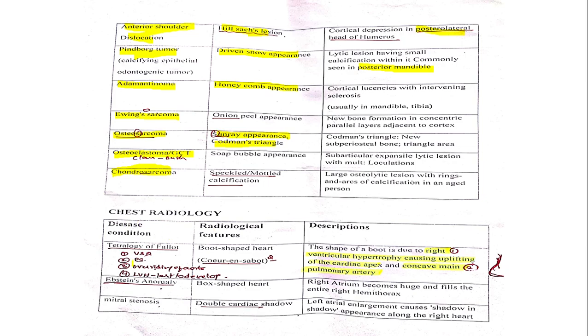Then coming to chest radiology, tetralogy of Fallot, which has ventricular septal defect, pulmonary stenosis, overriding of aorta, left ventricular hypertrophy, has boot-shaped heart. Ebstein anomaly has box-shaped heart.